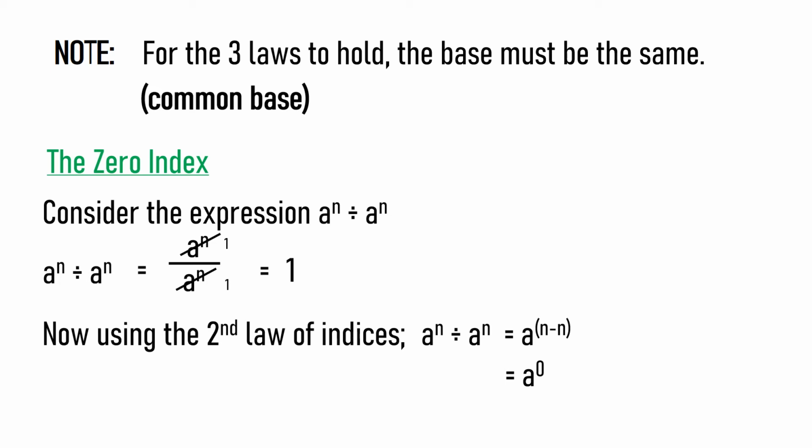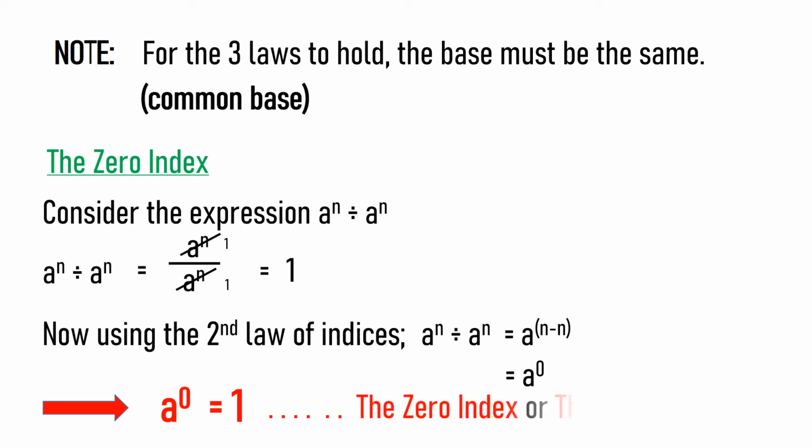Comparing a power n divided by a power n equals to 1 and a power n divided by a power n equals to a power 0, we can therefore clearly see that a power 0 equals to 1. And this gives rise to what we call the zero index or the zero power.